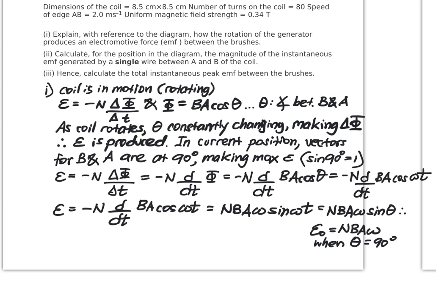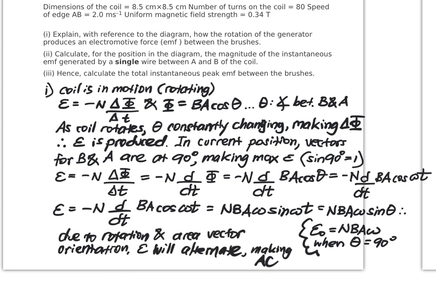Sine of 90 is 1, so that's the max EMF that you're going to get. I was thinking that the alternating current would be implied, but I should mention that the EMF and therefore the current will be alternating. Now, I'm glad that I found that max EMF equation right there, because I'm going to need that for double I.